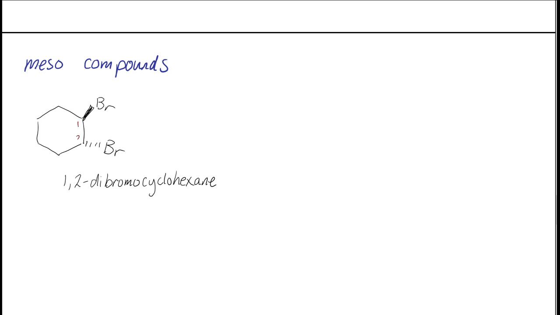So if we number this 1, 2, 3, 4, 5, 6, we can specify the stereochemistry of the two stereocenters. So carbon number 1, is that R or S?